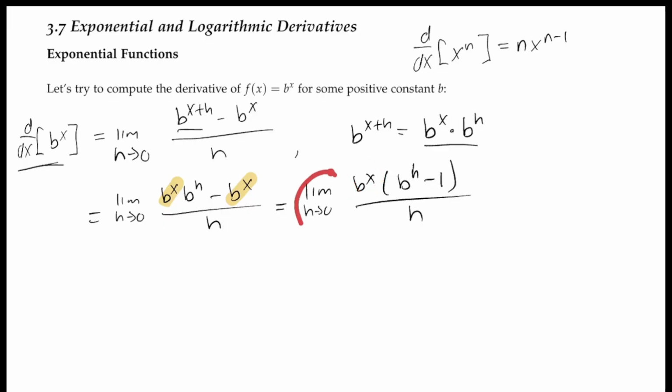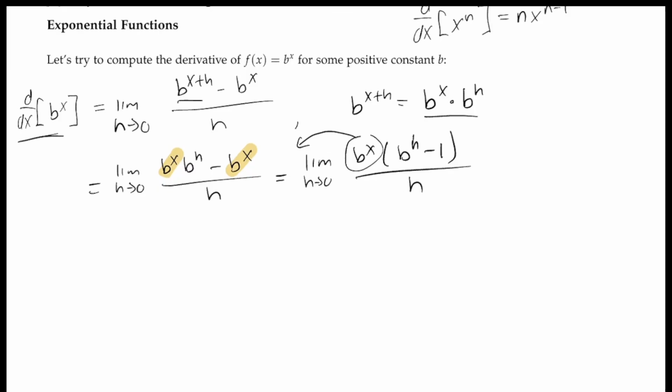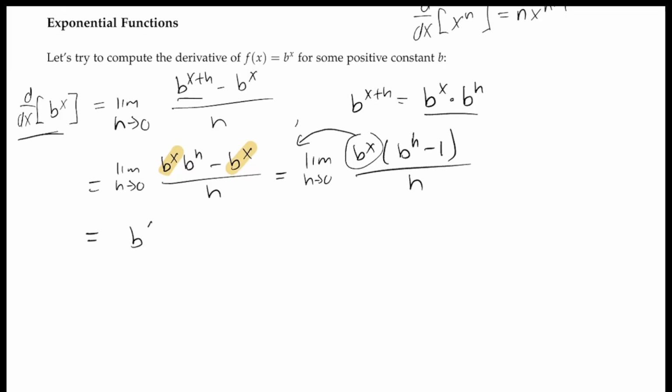So when we take a limit with respect to h of a b to the x term with no h in it, this limit does not affect this b to the x. And so in fact, I'm going to go even further, and I'm going to pull out this b to the x, okay? So I'm going to have b to the x times the limit as h approaches 0 of b to the h minus 1 all over h.